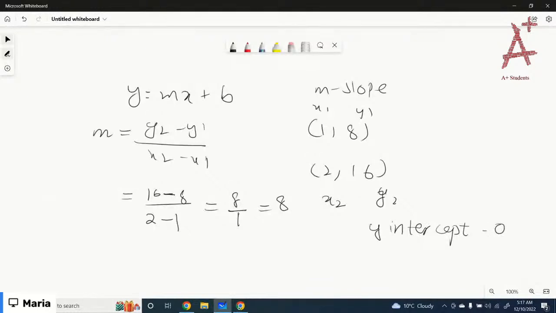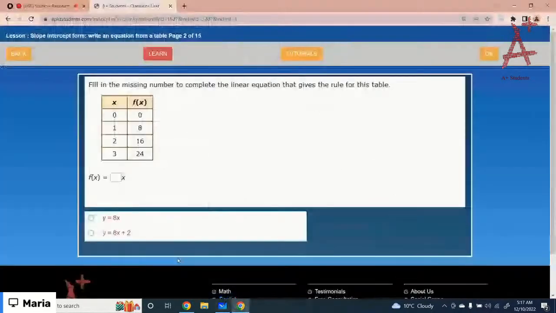So the equation is y equals 8x plus 0. So the equation is y equals 8x. Got it? That is the equation of the given table. So the correct option is y equals 8x. Just select the correct option, then click on the OK button.